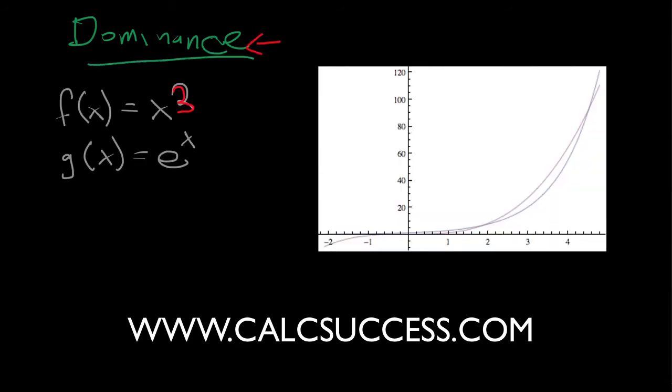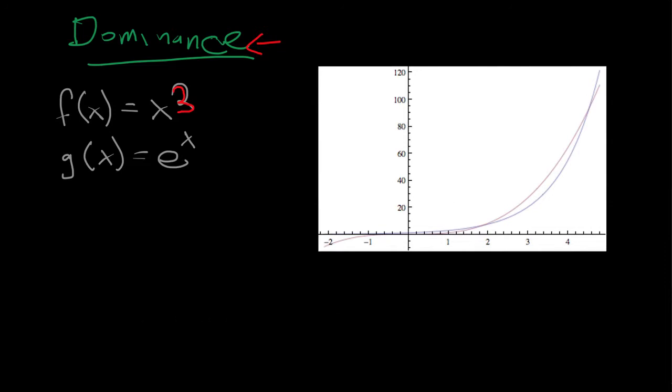Another topic that we want to talk about that's related is the dominance of functions. So, for example, let's look at x cubed and e to the x. Here, the purple is x to the third, and the blue is e to the x.